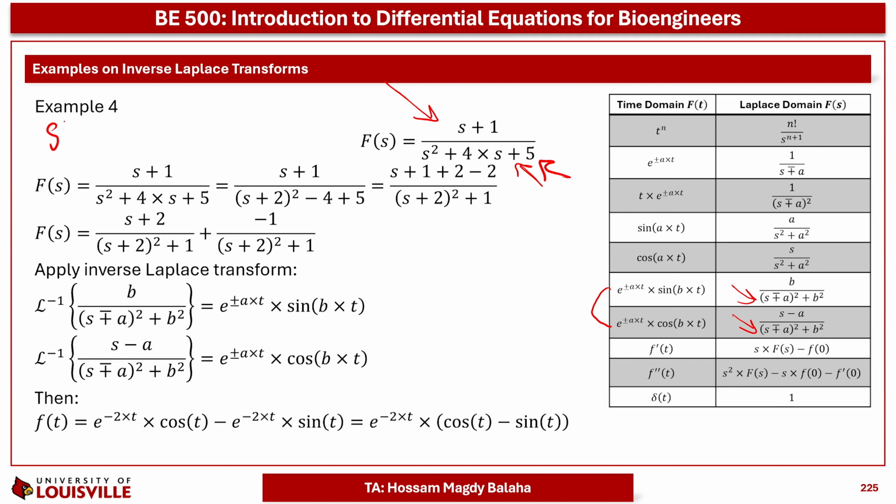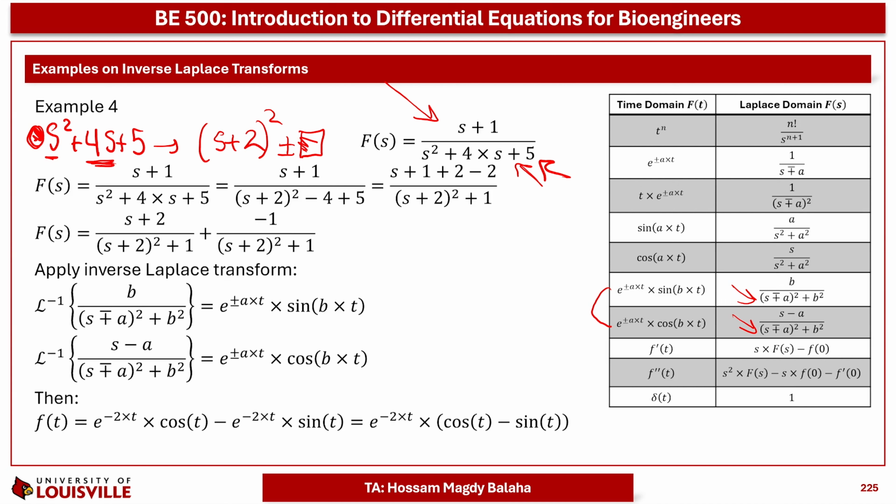If you took S squared plus 4S plus 5, then let's try to convert it to something square plus minus something. So the easy way here is to put S, because there is no factor here, constant, so it's S, and divide this by 2, so plus 2. What's the factor here?